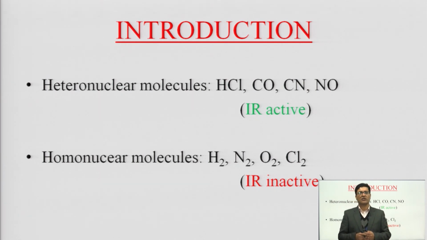Heteronuclear molecules such as hydrochloric acid, HCl, CO, CN, NO, all such molecules are IR active because they can show a change in the dipole moment. But homonuclear molecules such as H2, N2, O2 and Cl2 are IR inactive because they cannot show a change in the dipole moment. Therefore, such compounds cannot be studied by IR spectroscopy. Only those compounds can be studied by IR spectroscopy that show a change in the dipole moment value.